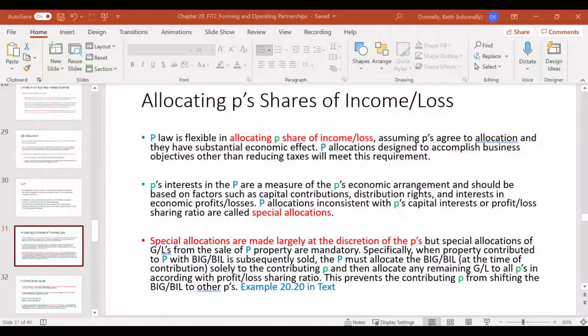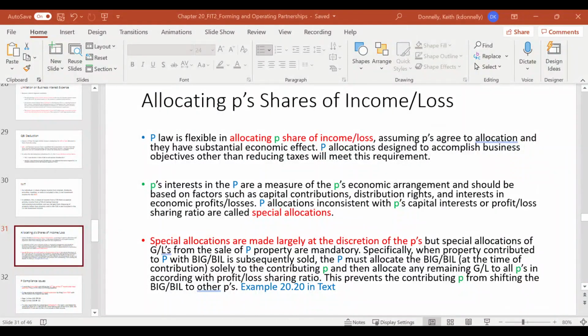The first $50 of that gain has to go to the partner who contributed the property up front. They have to catch up and realize that built-in gain they would have had at the time of contribution. Correspondingly, the remaining $75 of the $125 gain can then be allocated according to the profit or loss sharing ratio.